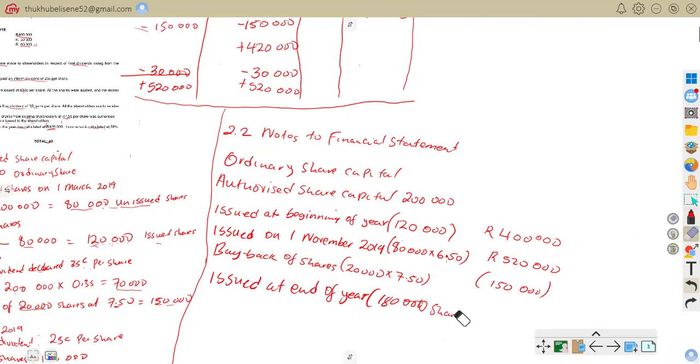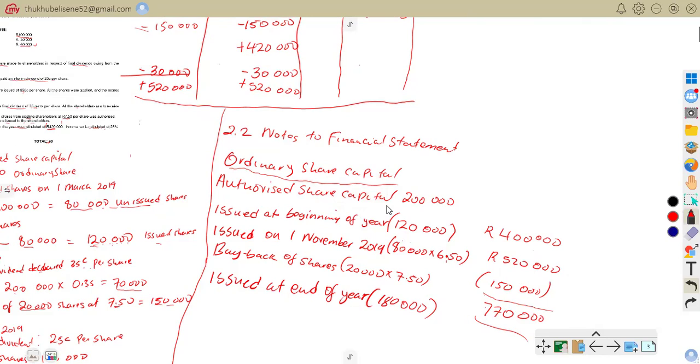So we know that this is 180,000 shares at 770,000, because you add 400,000 to 520,000 and subtract 150,000, and you get 770,000. So that is our ordinary share capital. That is how we calculate our ordinary share capital.